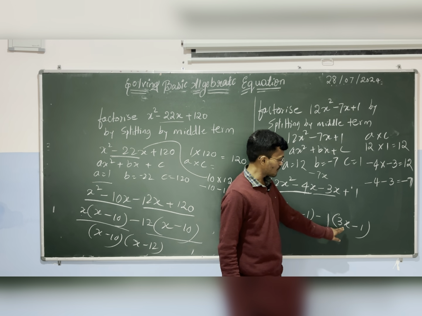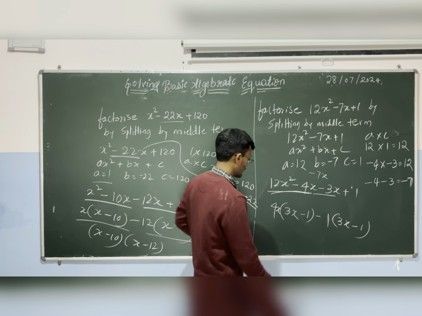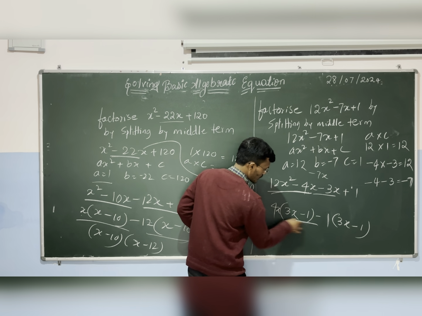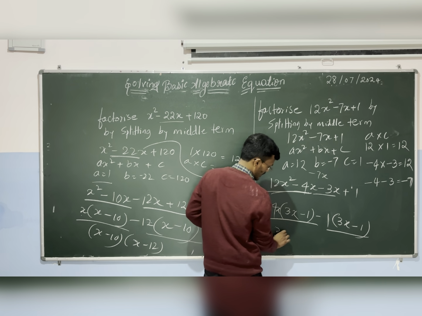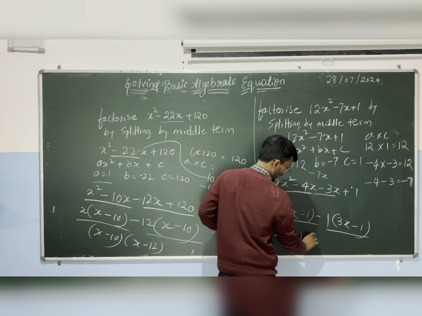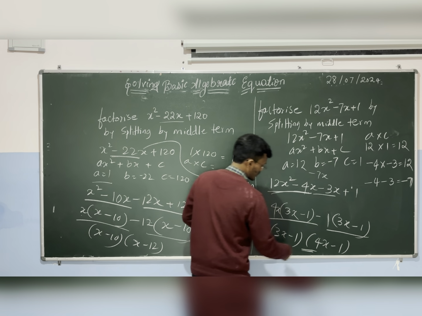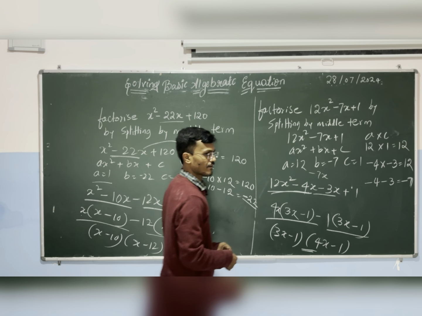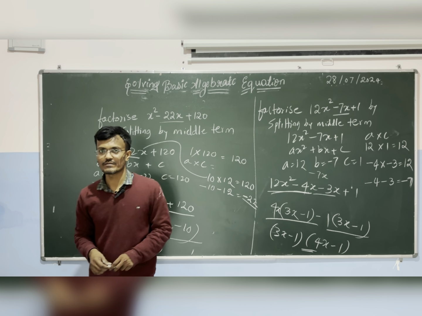So the factors are (3x minus 1) and (4x minus 1). These are from the middle term minus 7x. Okay, thank you.